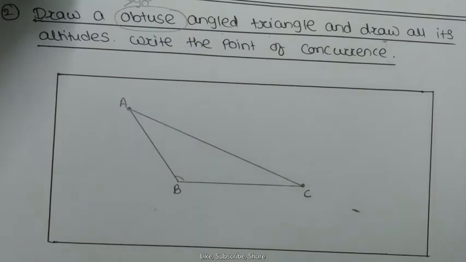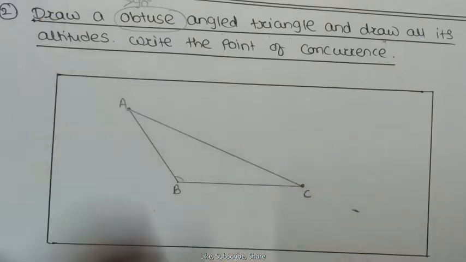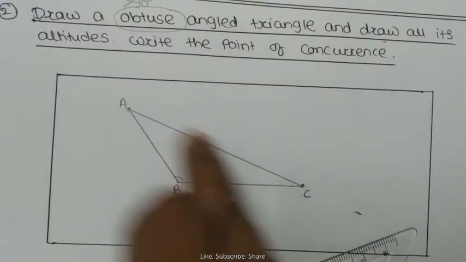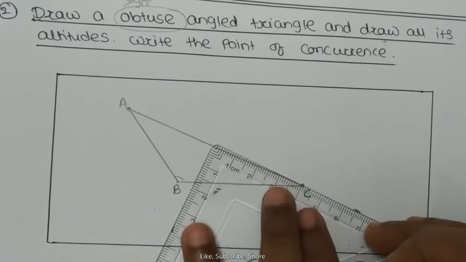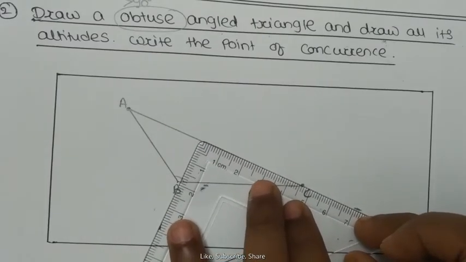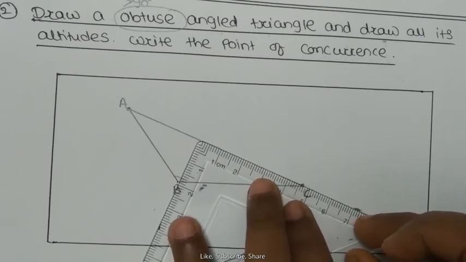Okay, so now when we draw the altitude of each vertex, how to draw the altitude? Listen, when we consider vertex B, the opposite side of vertex B is AC. So put the set square like this on the opposite side of the given vertex.